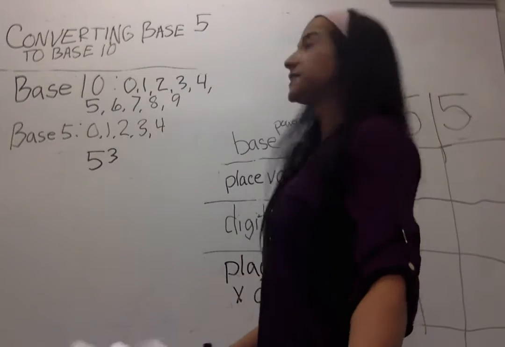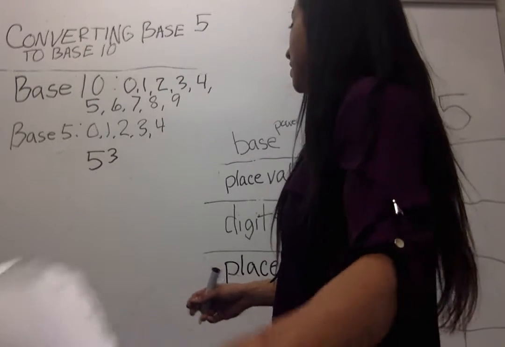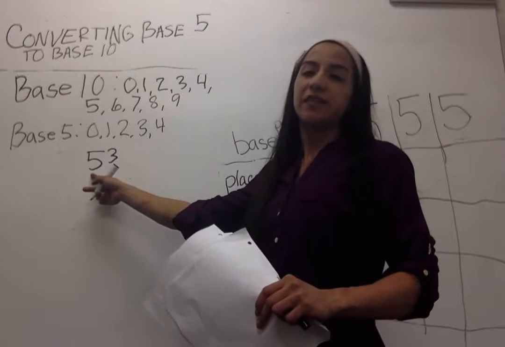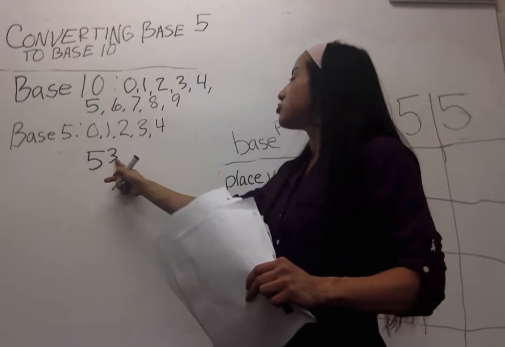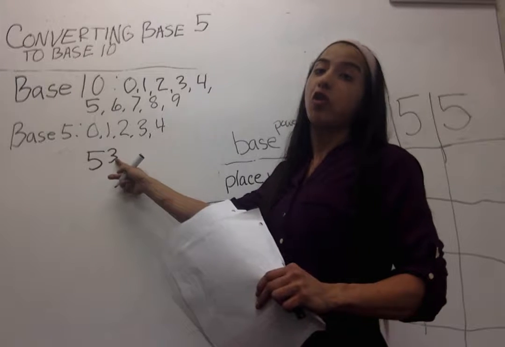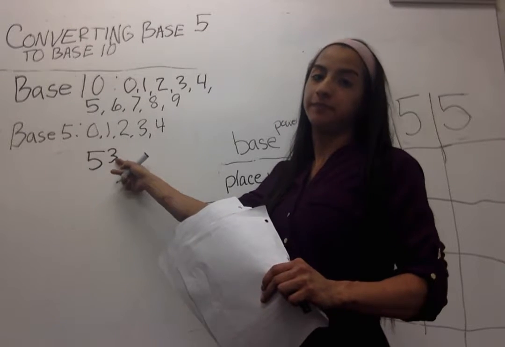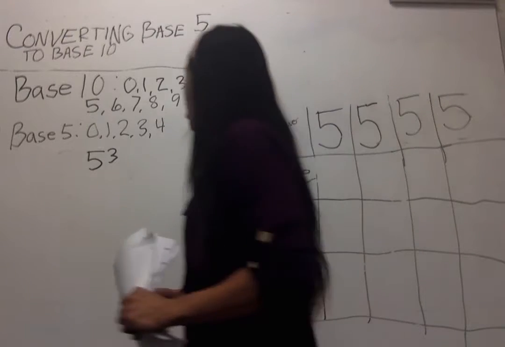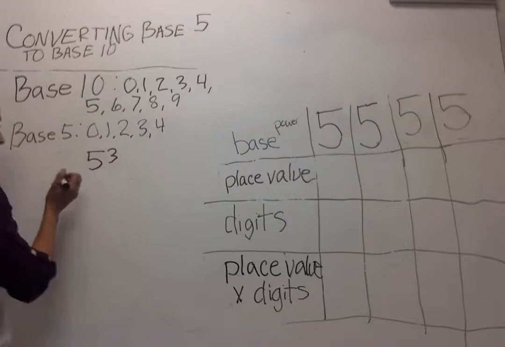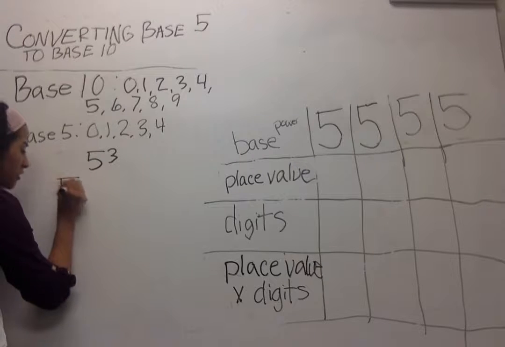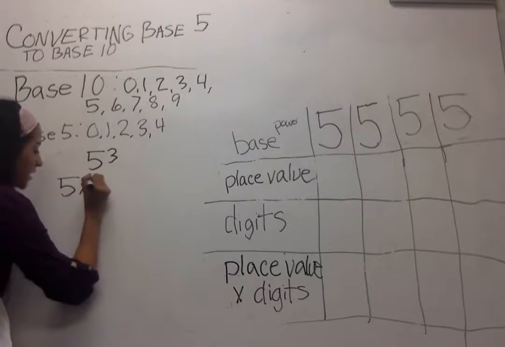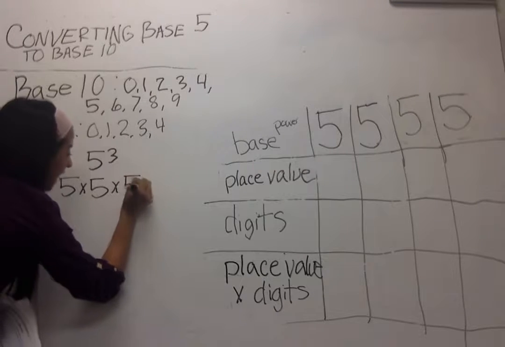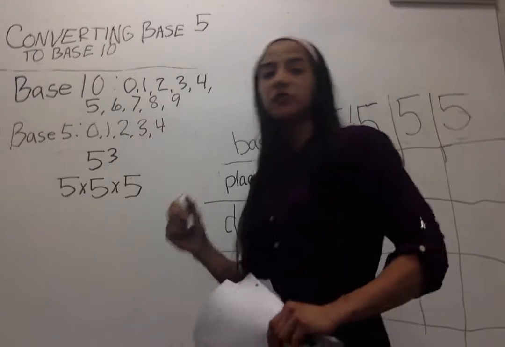Right here we can see that the base is 5, and that would be the big number. This little number here would be called the power. So how would we solve this? Well, what you do is you multiply the base by the number of times the power is. So in this case, it is 3.